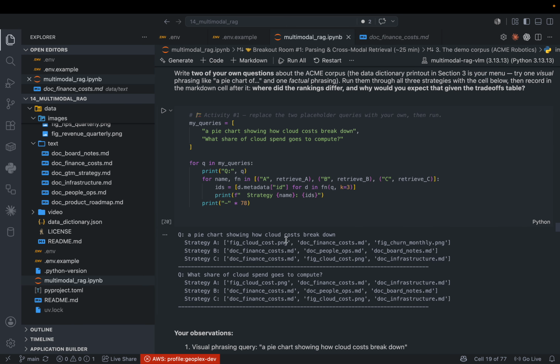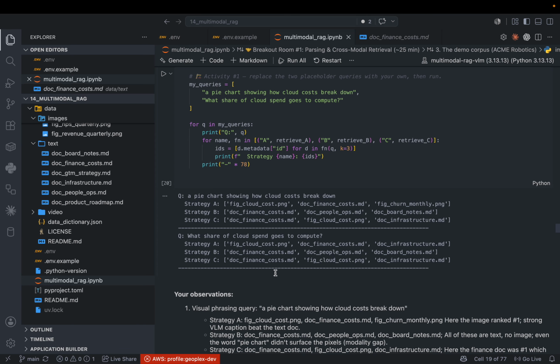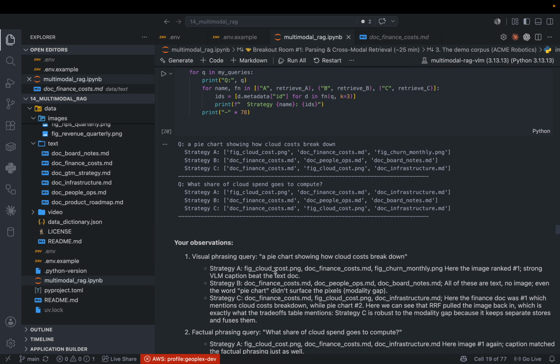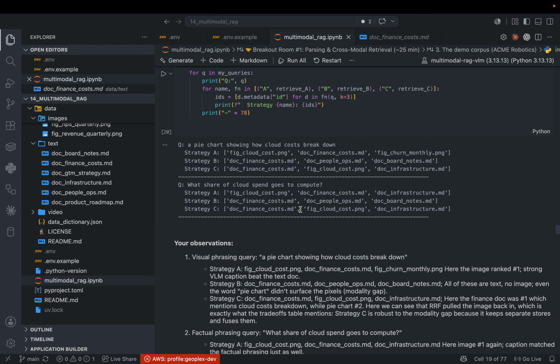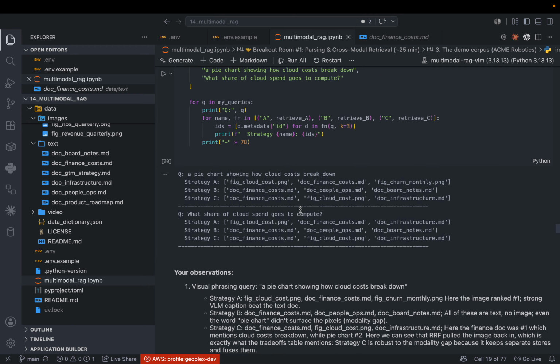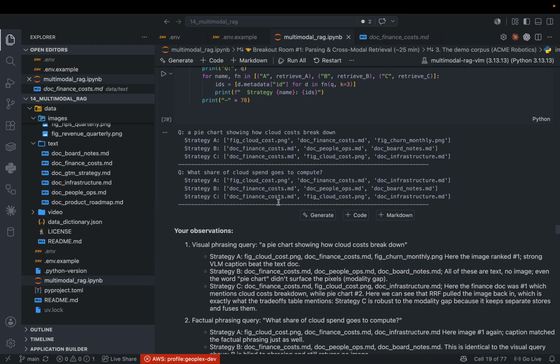And so comparing the different strategies and the chunks that they brought in, ranked in terms of k equals 3, we saw that here.